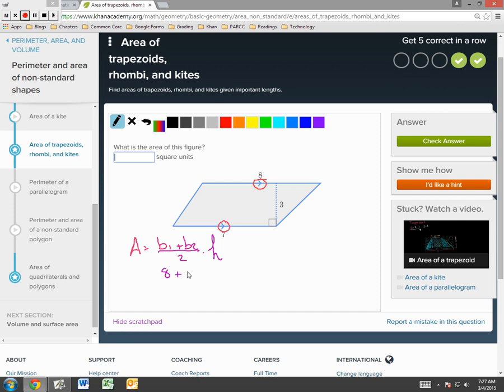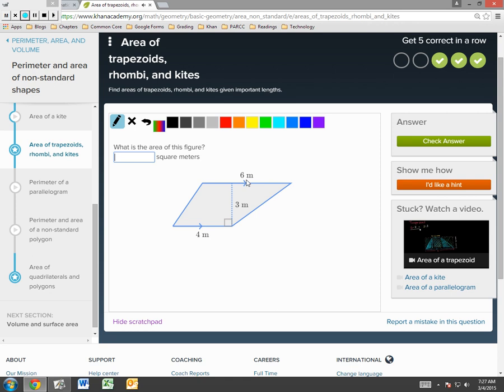The trapezoid's base 2 is 7. We cut that in half and times it by the height, which in this case is 3. I'm running out of room here. 15 divided by 2 times 3. 15 divided by 2 is 7.5. We have 7.5 times 3. Well, 3 times a half is 1.5, and 3 times 7 is 21. So I have 21 plus the 1.5. I believe this gives me 22.5.